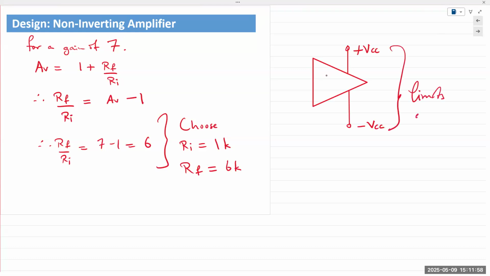These limits always apply. If your gain is too large, then you're going to exceed that limit. So many of the homework problems, the first one and the one that's due on Sunday, you have to take into account the values of the power supply that's being applied to our op-amp circuit.